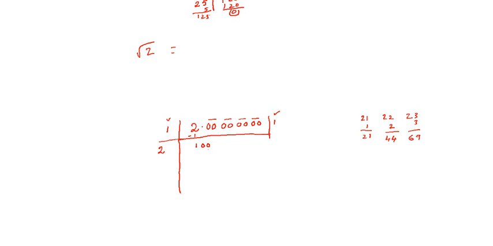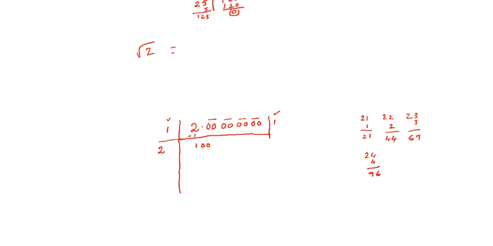Now you write 4, 24 4s are 96. That is also possible. If you write 5, 25 5s are 125. That is not possible because this one is 100 only. So the highest number which is possible to subtract is 96.